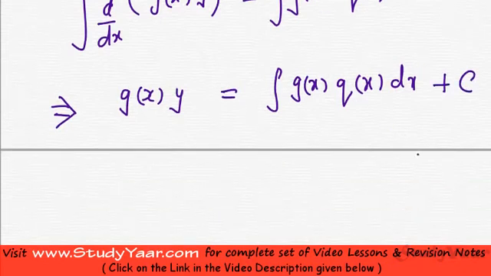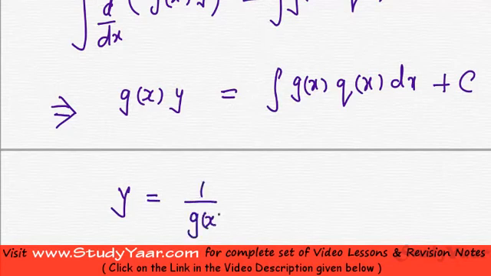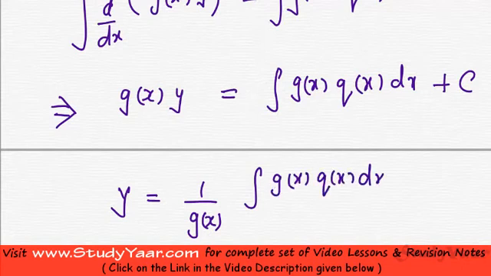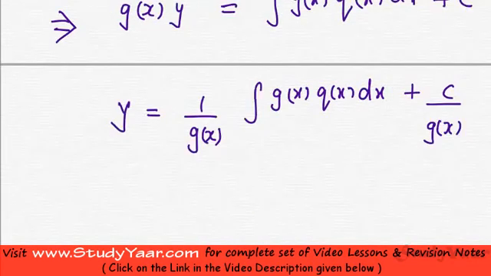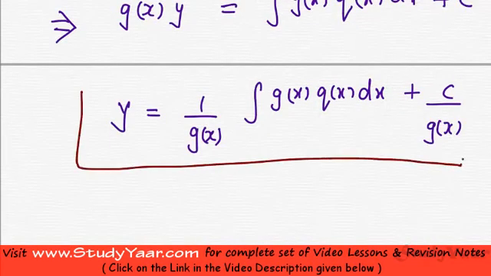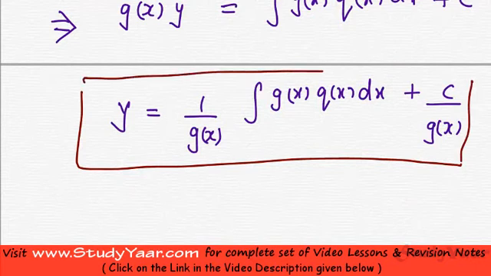So essentially what you get is y is equal to 1/g(x) integral g(x) Q(x) dx plus C upon g(x). You have taken this g(x) over here. So essentially what you have is the solution of a first order linear differential equation, which you get by this.